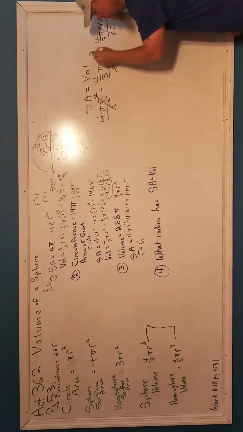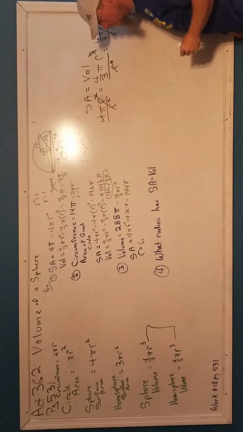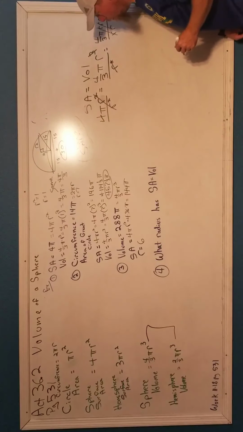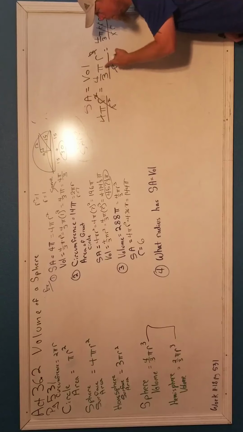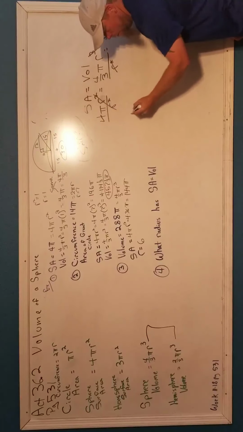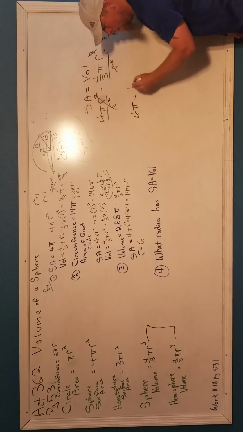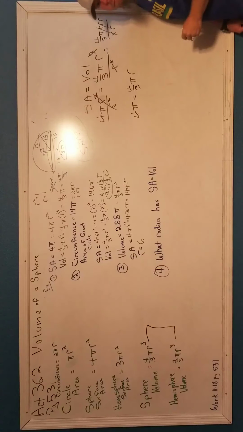So this cancels with this. Can we say that? Are we okay? All right, so 4 pi, because that's all that's left on that side, equals 4 over 3 pi times r.